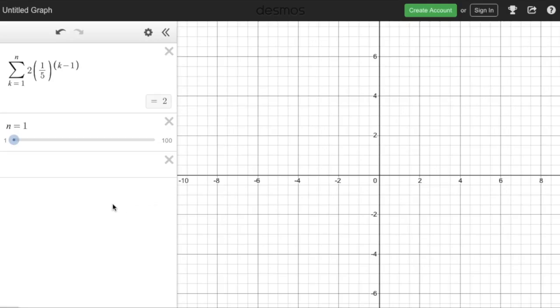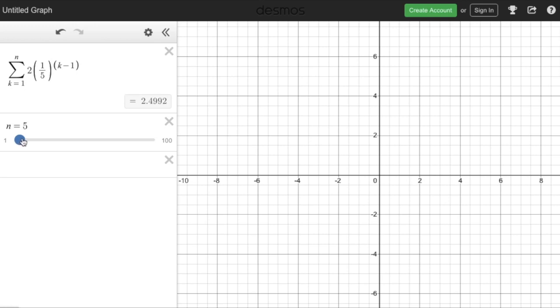Take a look at that series here in Desmos. Okay, so you see I have the sum from 1 to n of those terms that we were looking at. And so when n is 1, that means we're just summing from 1 to 1. And so that's 2, right? That's just the first term in the series. So when I add on more terms, let n get bigger. So when n is 2, right, 2.4, then 2.48.